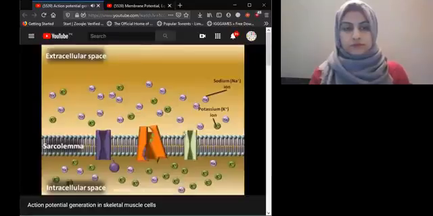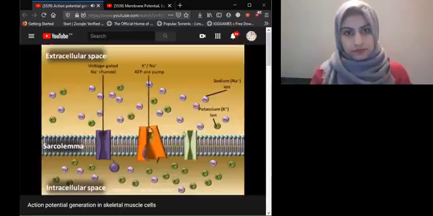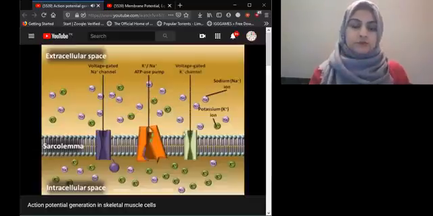This concentration of ions is what is seen at rest. Embedded in the sarcolemma are voltage-gated sodium channels, potassium-sodium ATPase pumps, and voltage-gated potassium channels.